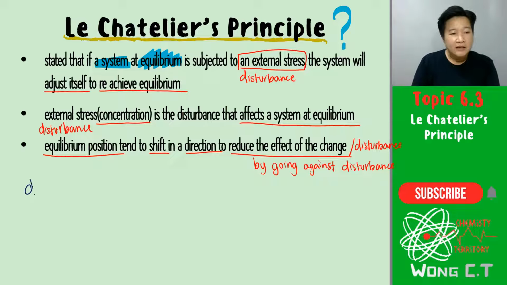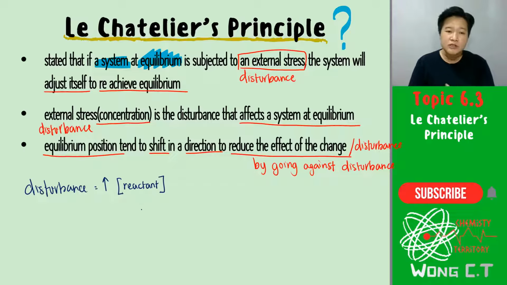Let's say my disturbance is an increase in the concentration of the reactant. What do you think your system will do?